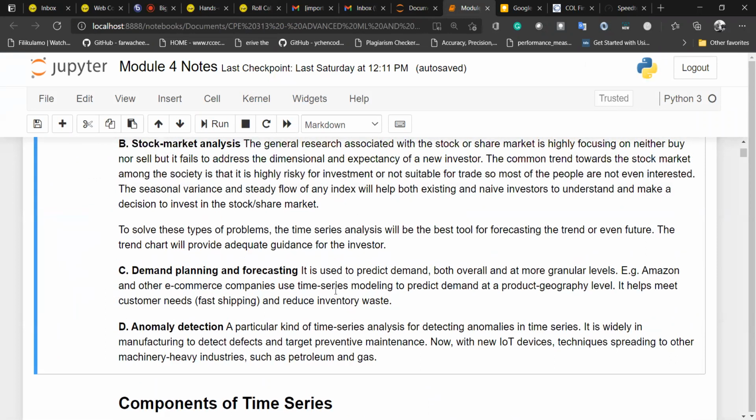Another thing that we can apply time series forecasting to is anomaly detection, no? So, a particular kind of time series analysis. For example, also in Taiwan, I saw some students there studying the anomalies of signals in terms of an electronic component.